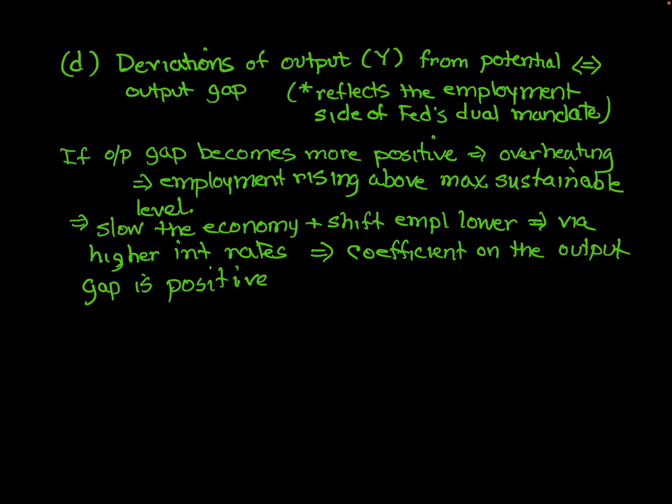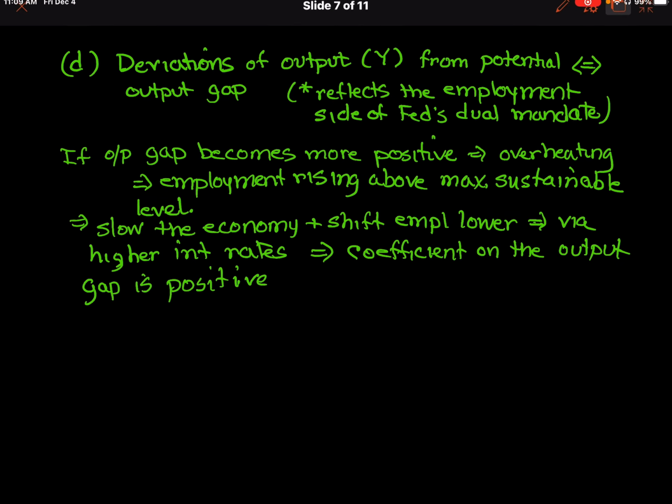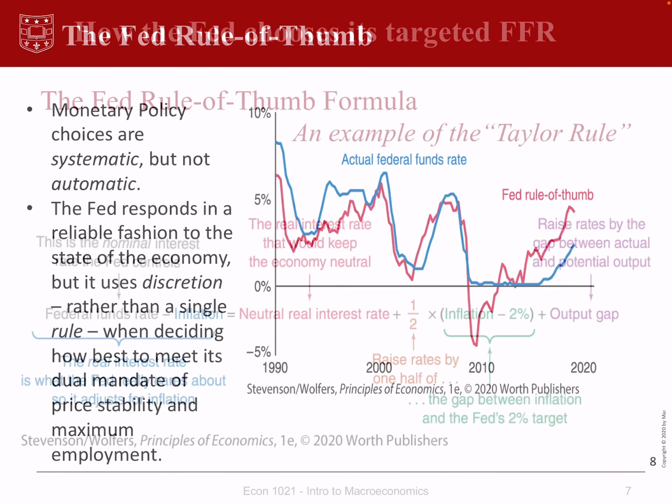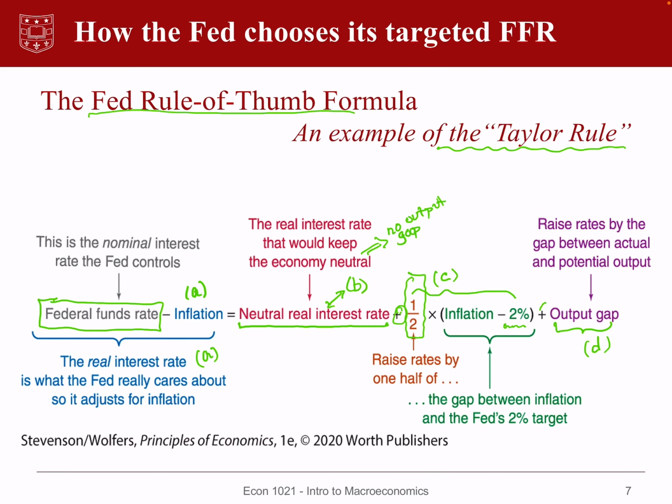So again, we can go back to where we were. So here again, we have a positive number, and implied in here is that the coefficient is 1.